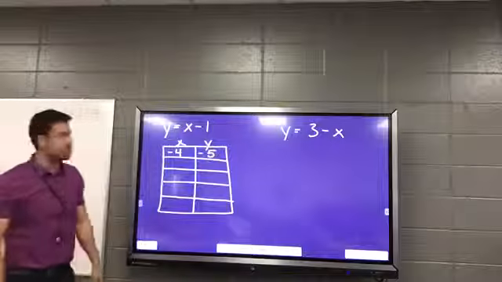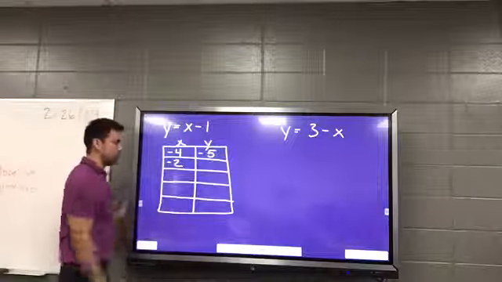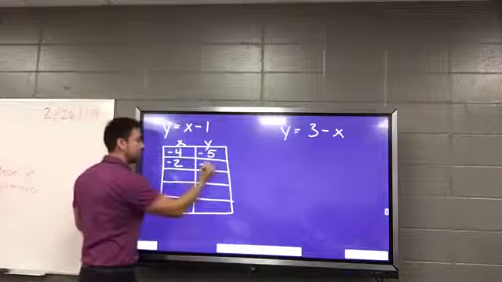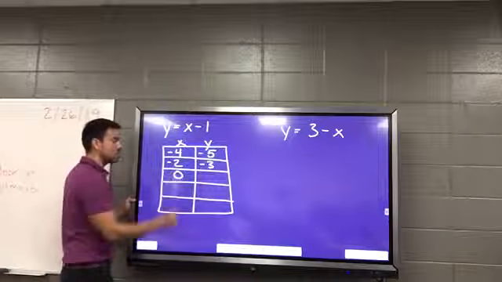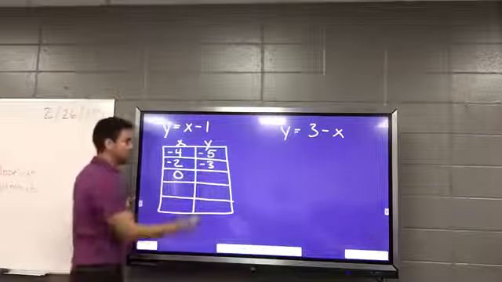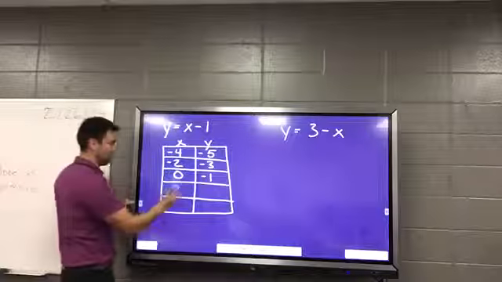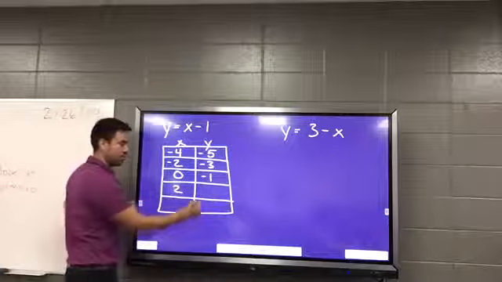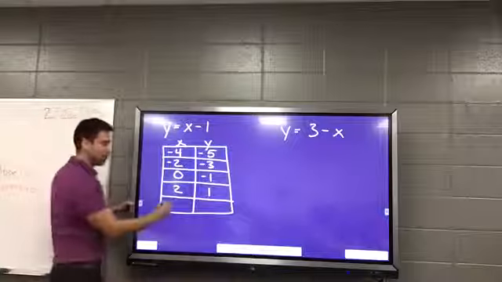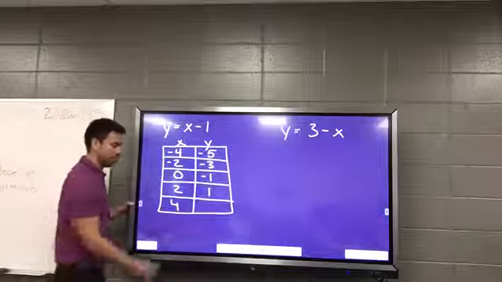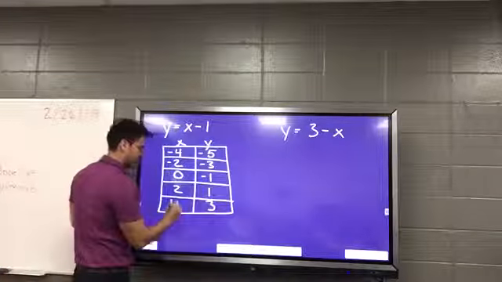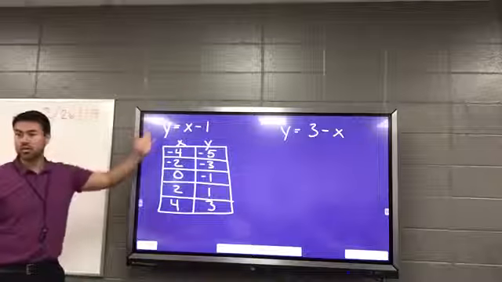If I give you x equals -2, what does y equal? -3. If x equals 0, what does y equal? -1. If x equals 2, what does y equal? 1. And if x equals 4, what does y equal? 3.